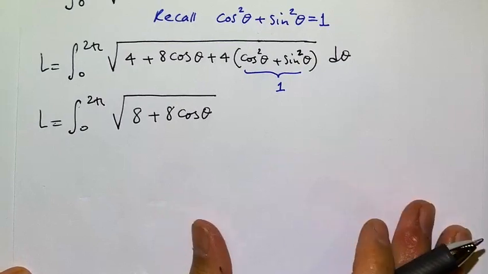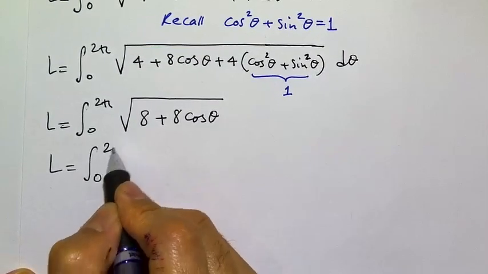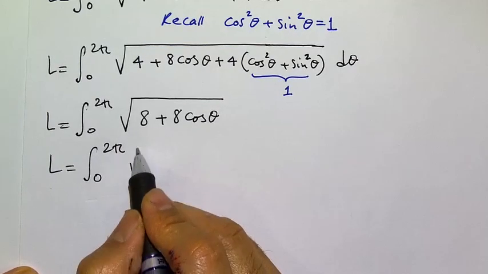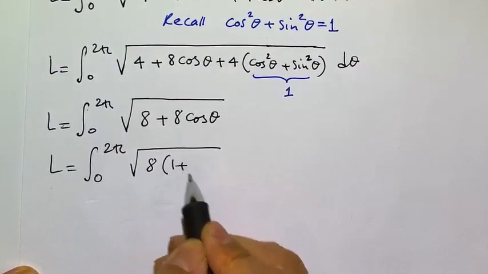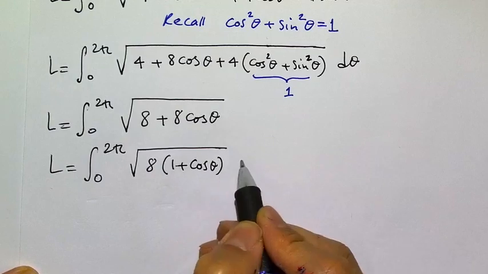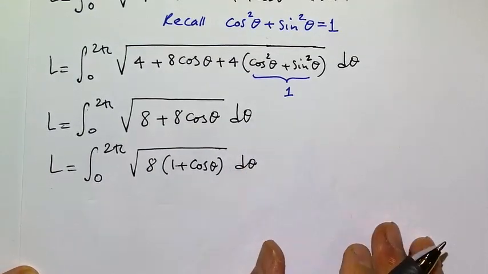So let's do that. So we have the length of the arc from 0 to 2 pi is equal to the integral of the square root of 8 times 1 plus cosine of theta, d theta.